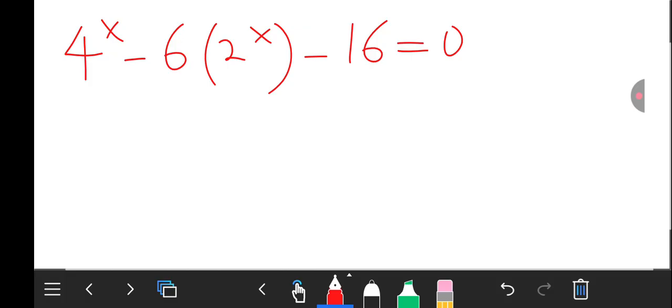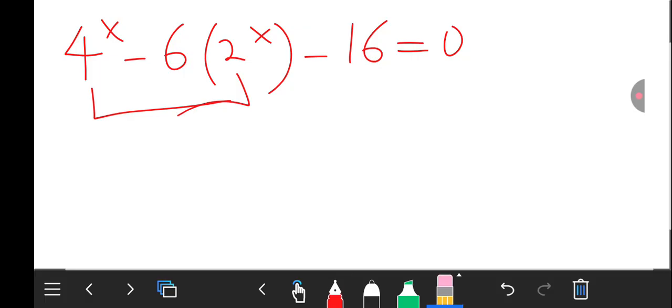So how can you solve this question? Here, you just need to make sure that this appears similar. You need to make sure that you compare this 4 to the power x to 2 to the power x.